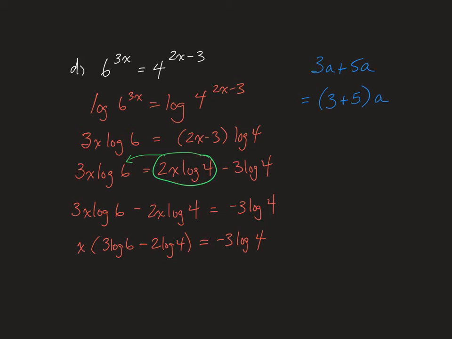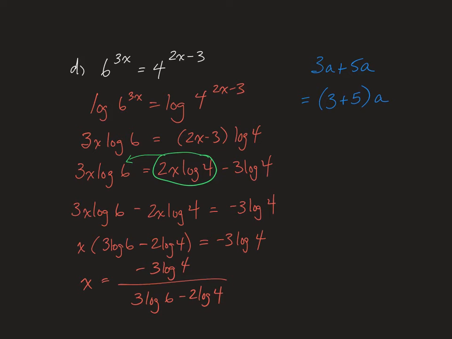Now, what do we like about that? My x is almost all by itself. It's in one spot. And the only thing attached to it now is 3 log 6 minus 2 log 4. It's attached by multiply. So for me to be able to get rid of that multiply, I'm going to divide it out, and I come in right on that line.